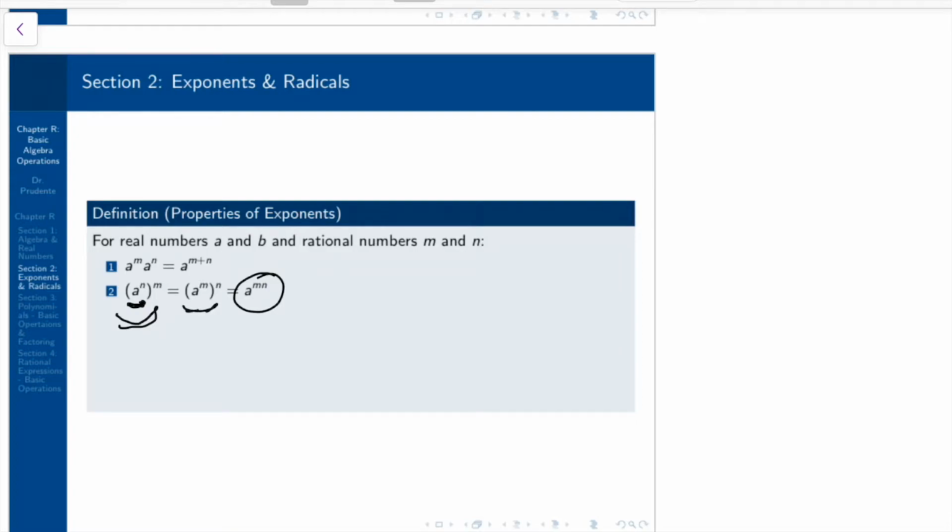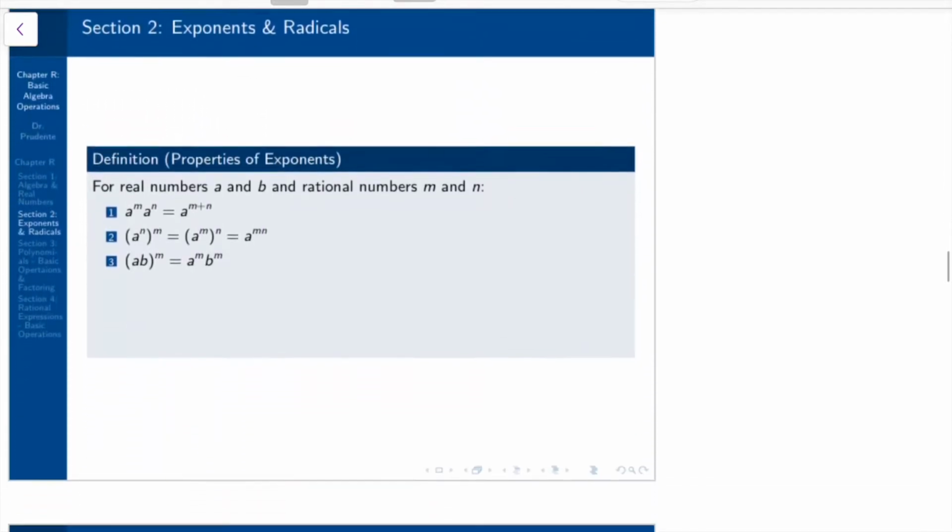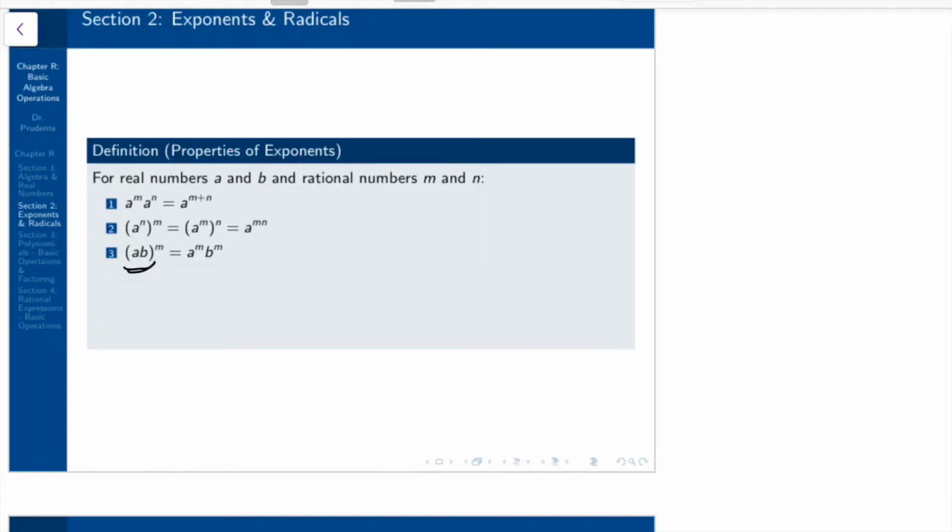Likewise, we could take a to the m first, and then raise that to the n. This one says if we have two things being multiplied and raise them both to the mth, then we can just distribute that power, a times b to the m.